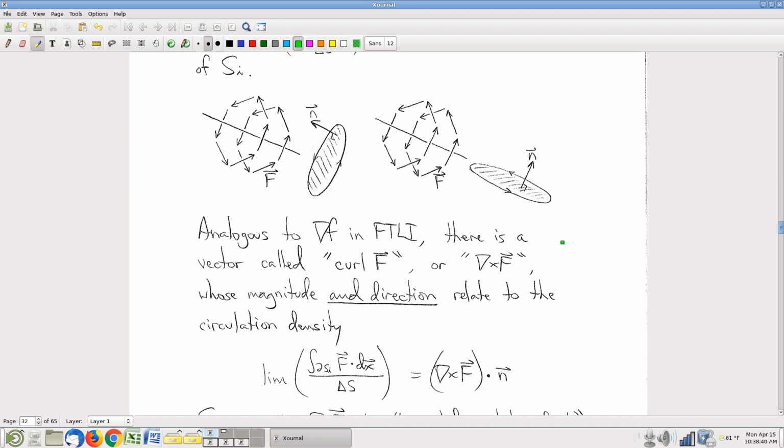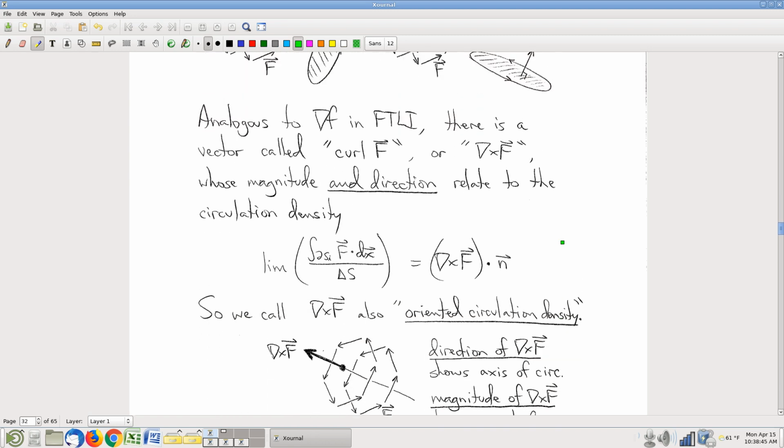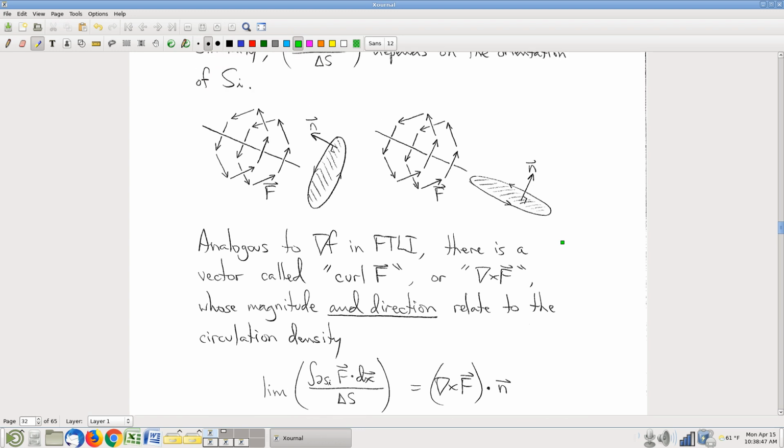Likewise here, it is by a dot product of the curl, the oriented circulation density, and the orientation of the path that you're circulating around. We represent that by the normal vector of the little piece of surface whose boundary we are going around. That dot product is what gives you your circulation density.